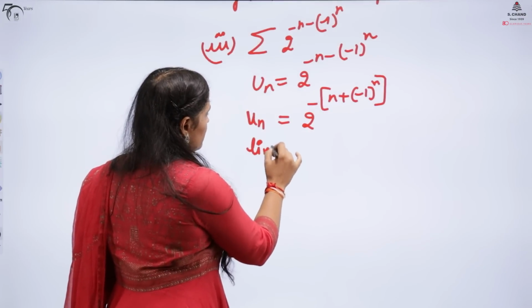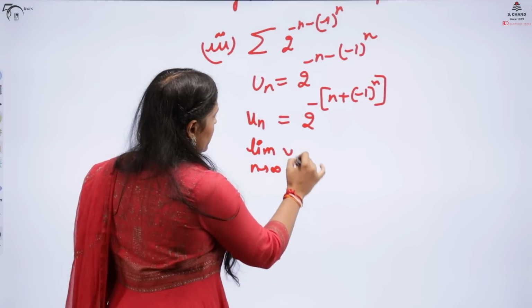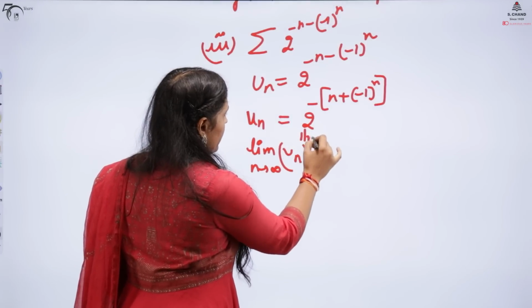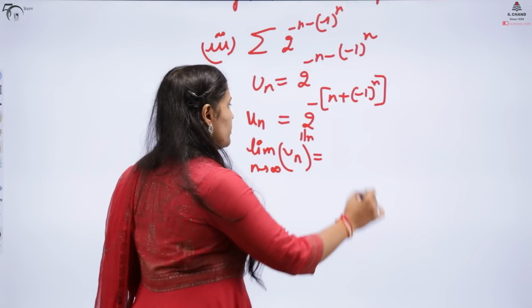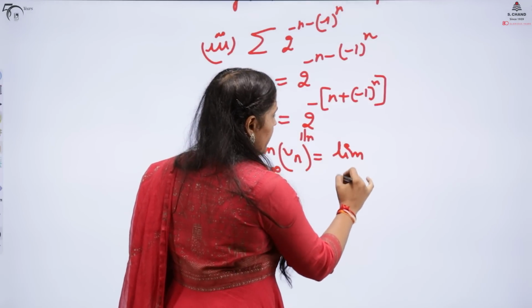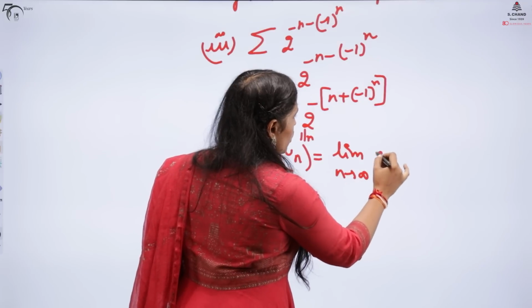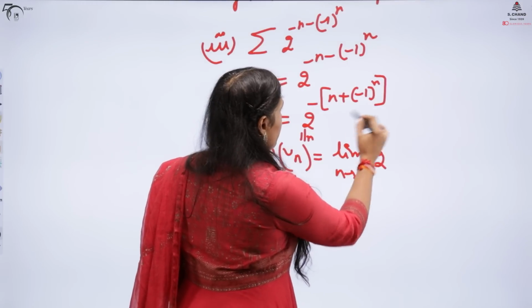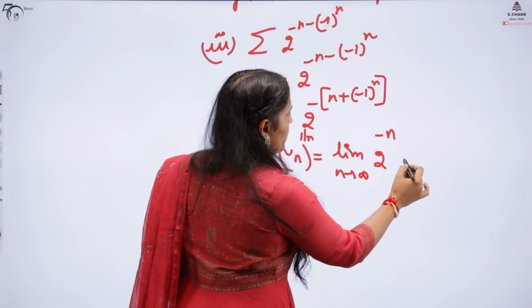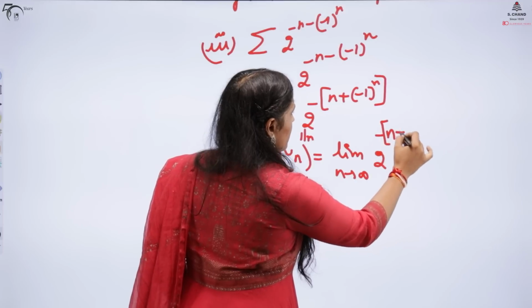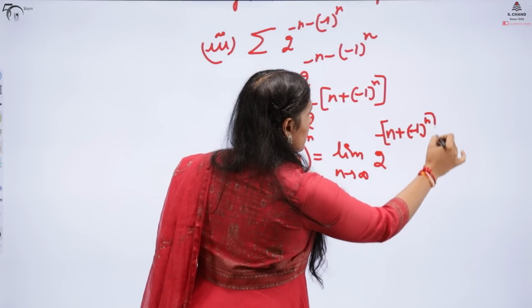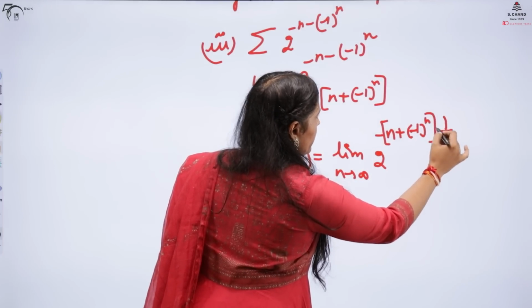Now limit n tending to infinity un to the power 1 by n, will check कि ये क्या आती है. So limit n tending to infinity 2 to the power this, इसको ब्रेक भी आप कर लो पहले, 2 to the power, okay will do it later, and into 1 upon n.